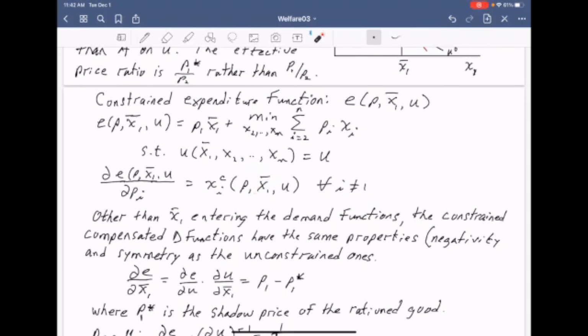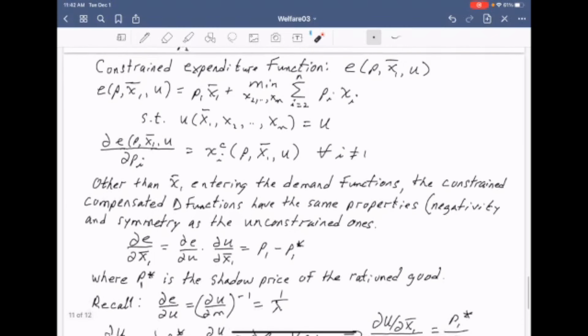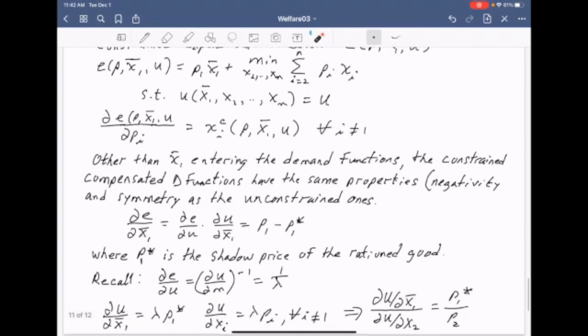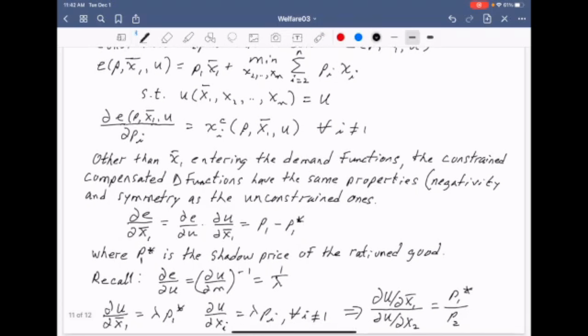the quantity constraint. Other than the quantity constraint Q1 bar entering the demand functions, the constrained compensated demand functions have the same properties, namely negativity and symmetry, as the unconstrained ones.